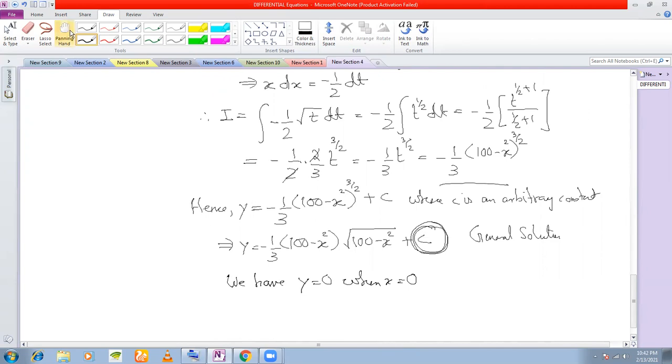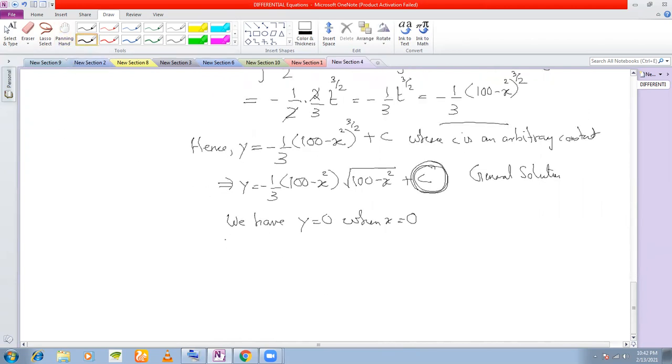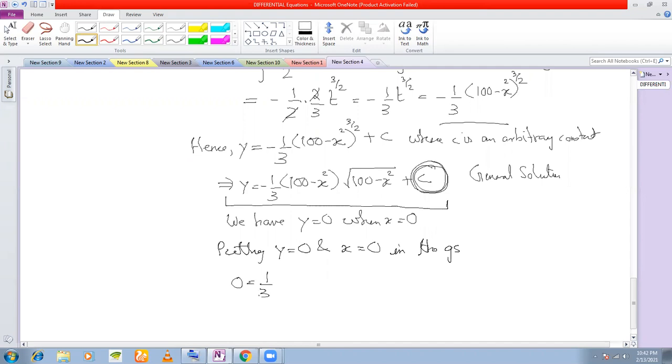Okay, so what you do is, this is the general solution. You put y is equal to 0 and x is equal to 0 in the general solution. Okay, so what do you get? This is your general solution here. Put it here. y is 0, minus 1/3 into 100 minus 0, root 100 minus 0.